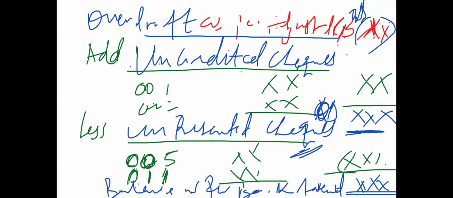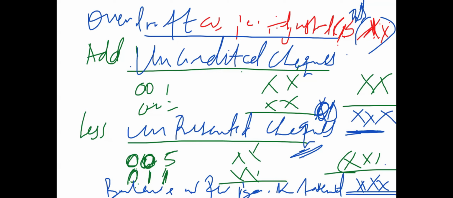So once we less off the unpresented checks, we shall have the balance as per the adjusted cash book, balance as per the bank statement. And still this can be an overdraft, or it can be a negative, which is an overdraft, or it can be a positive, which is just a balance. So the final answer can be a negative, or it can be a positive balance.